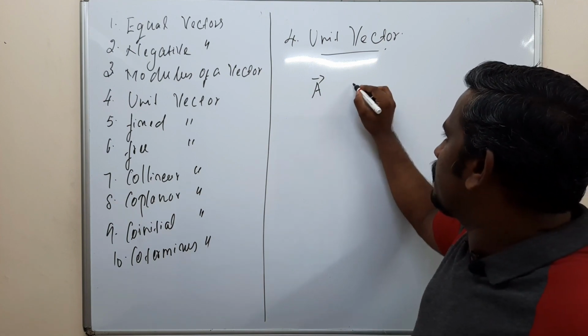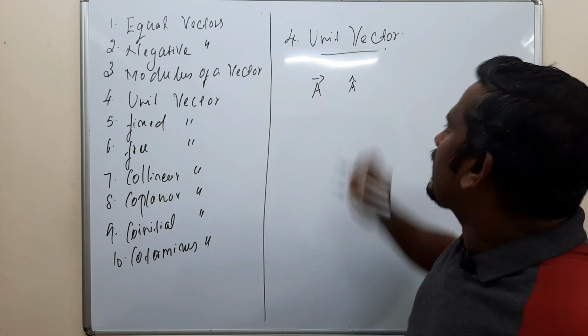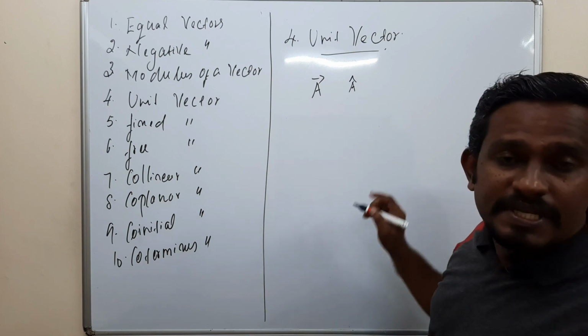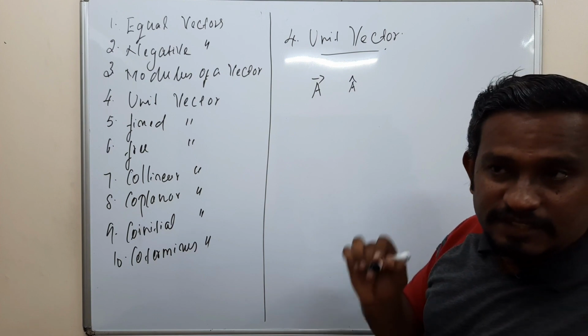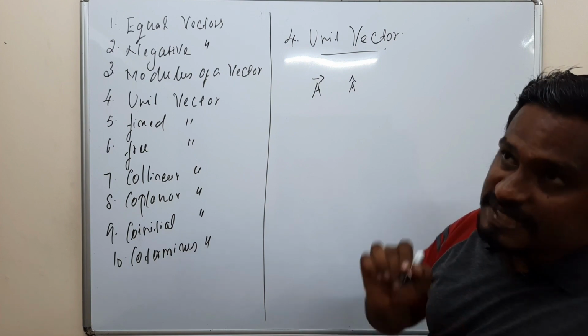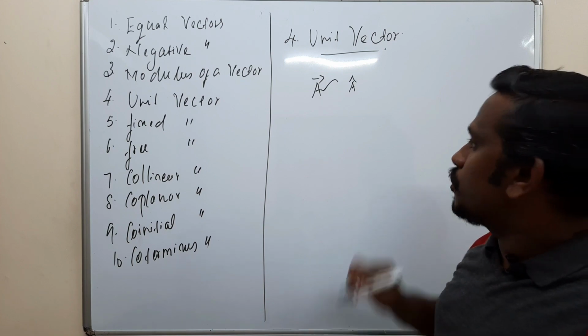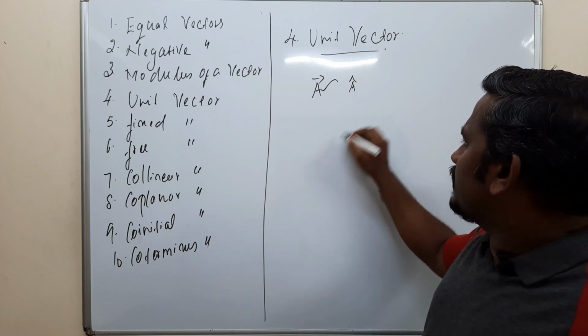It is represented by A cap. So A is a vector, and A cap is a unit vector that has unit magnitude acting in the same direction as this vector.